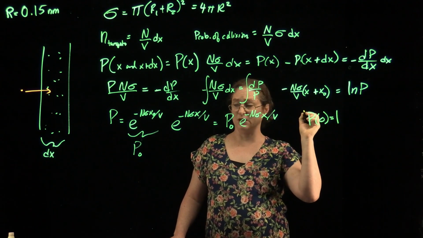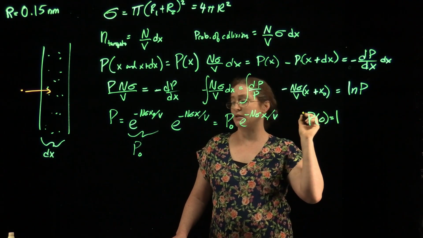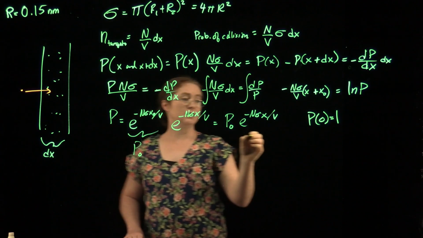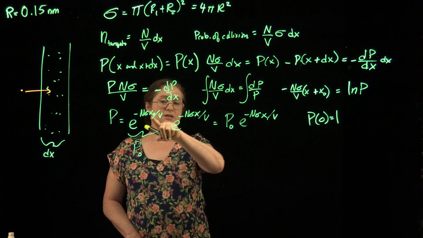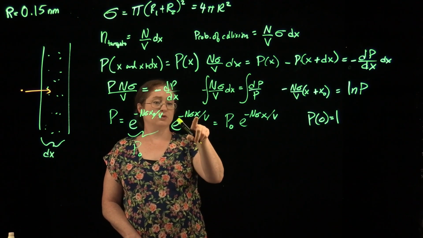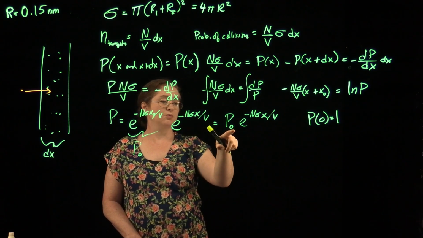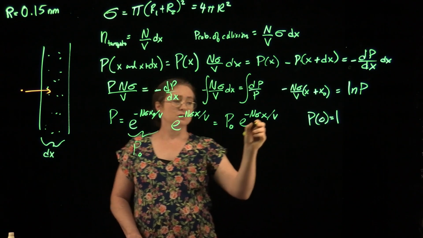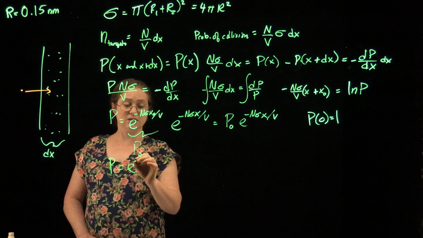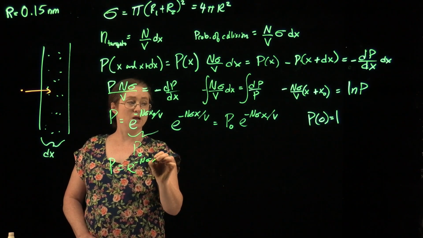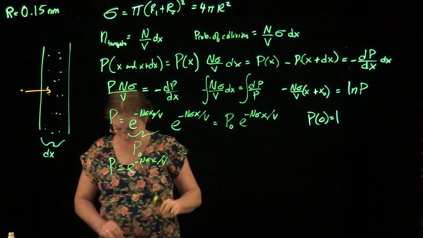So if I want that to be 1, that tells me that at x equals 0, I had better get 1, so P naught is 1, and I get P equals e to the negative n sigma x over v.